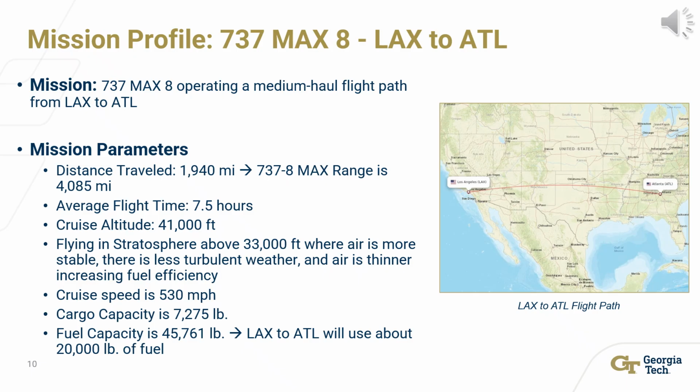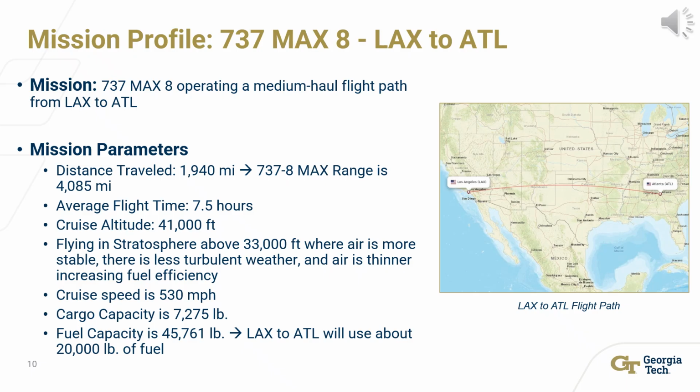For our group's mission profile, we use a 737 MAX 8 traveling from Los Angeles to Atlanta on a medium-haul flight. The distance traveled for this flight is 1,940 miles with an average flight time of 7.5 hours. The cruise altitude of the MAX is 41,000 feet, but this trip will be at 33,000 feet, where the air is more stable and less turbulent weather appears.